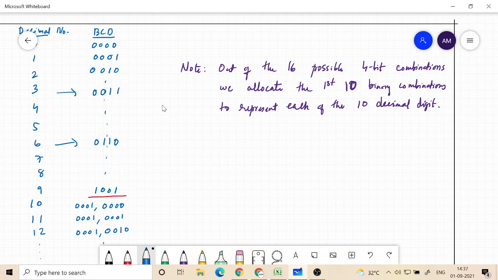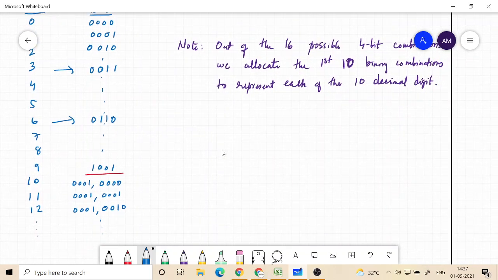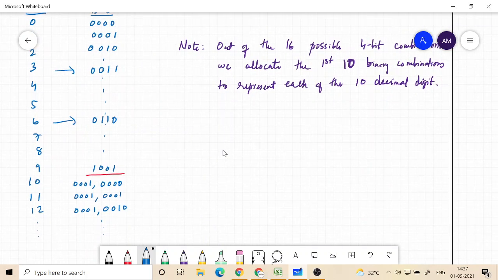So for 1 this 4-bit code will go, 0001, and for 0 you will have 0000. This way the code will enter into the system. So you don't really require a translation, in the sense that the binary code is going directly, and that itself is representing the number.